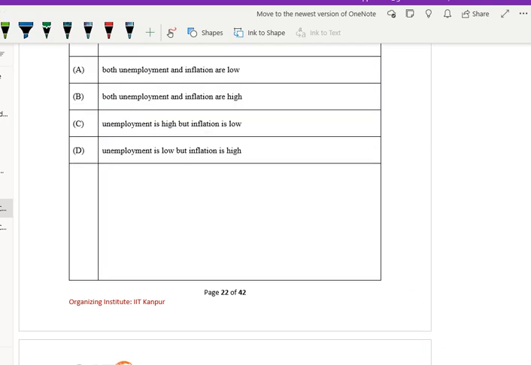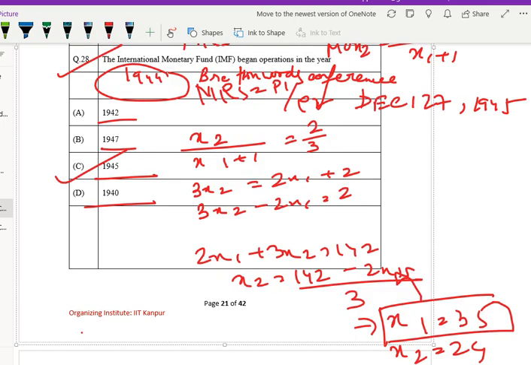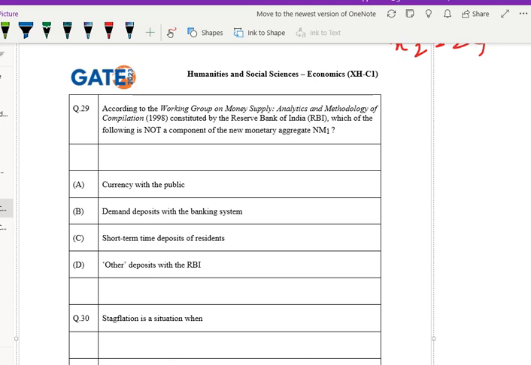Now we go to the next question. According to the Working Group on Money Supply, Analytics and Methodology of Compilation constituted by the RBI, which of the following is not a component of the new monetary aggregate?